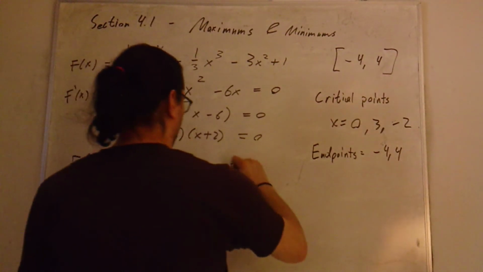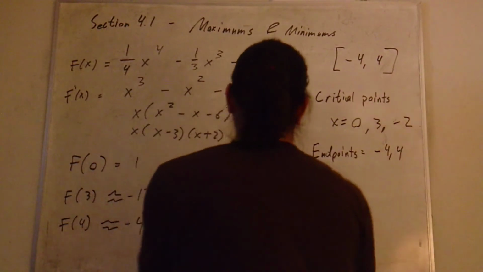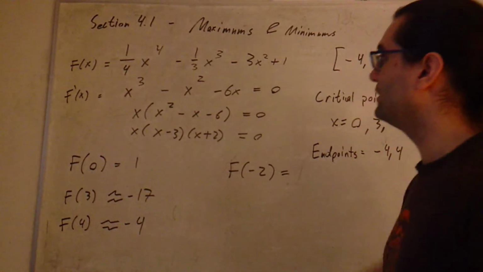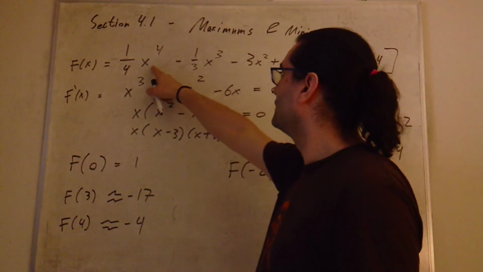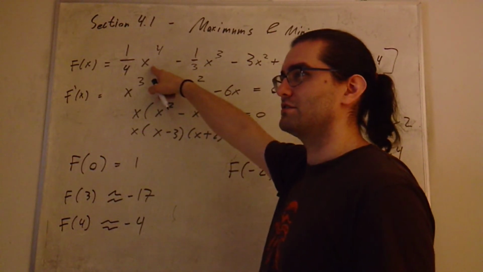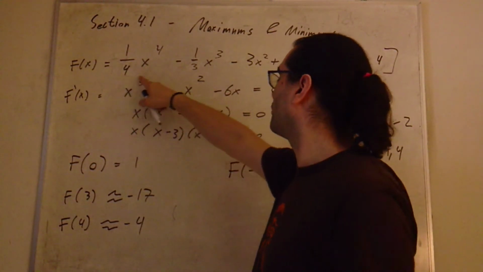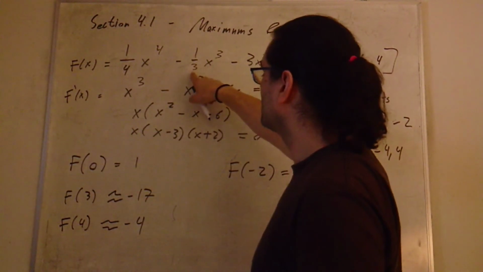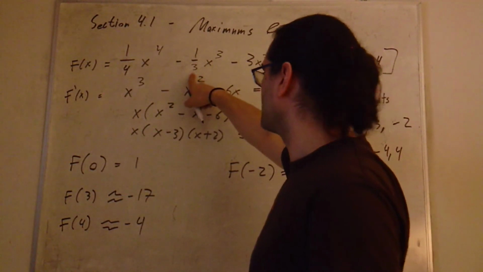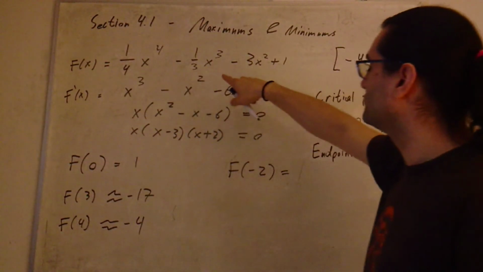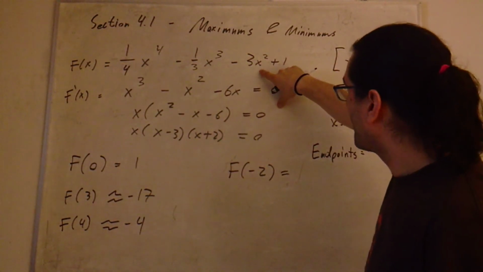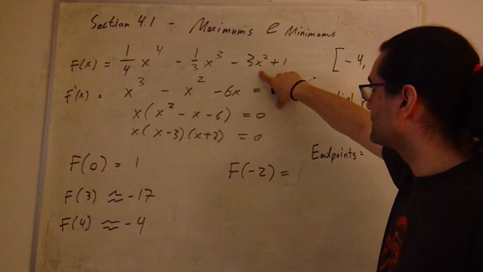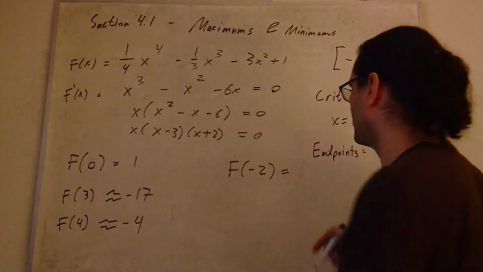And f of negative 2 should give me negative 2 to the 4th is 16. So 4 plus 8/3 is almost 3. So 7 minus 12 is negative 5. Plus 1 is negative 4-ish.